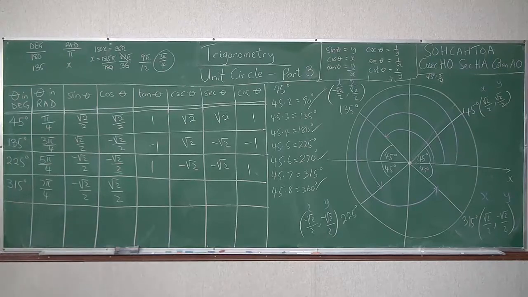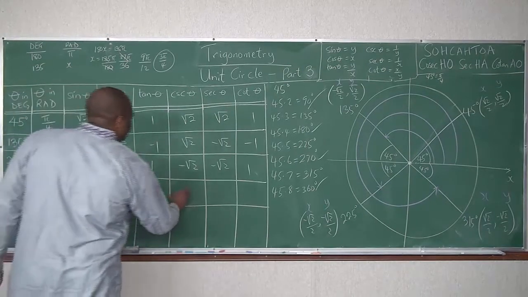Tan is going to be a negative because y over x: something is negative and something is positive. So this will be negative 1. Cosec 1 over y is going to be negative. See that? Negative root 2.